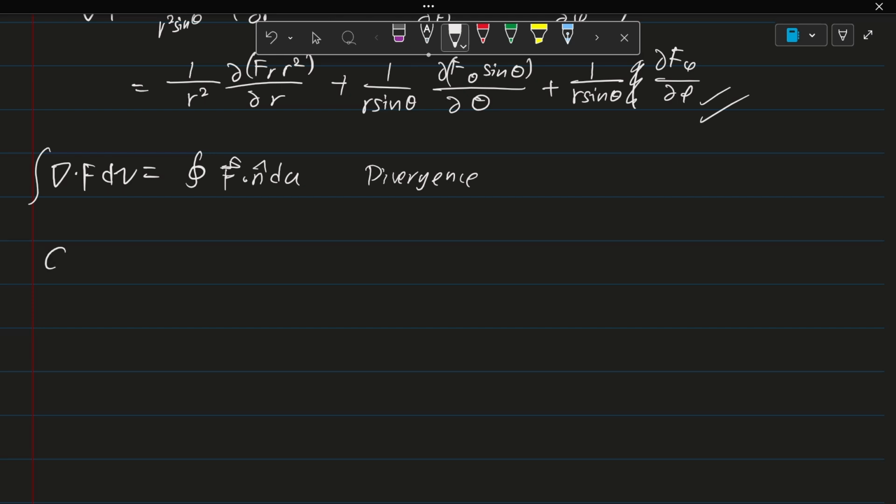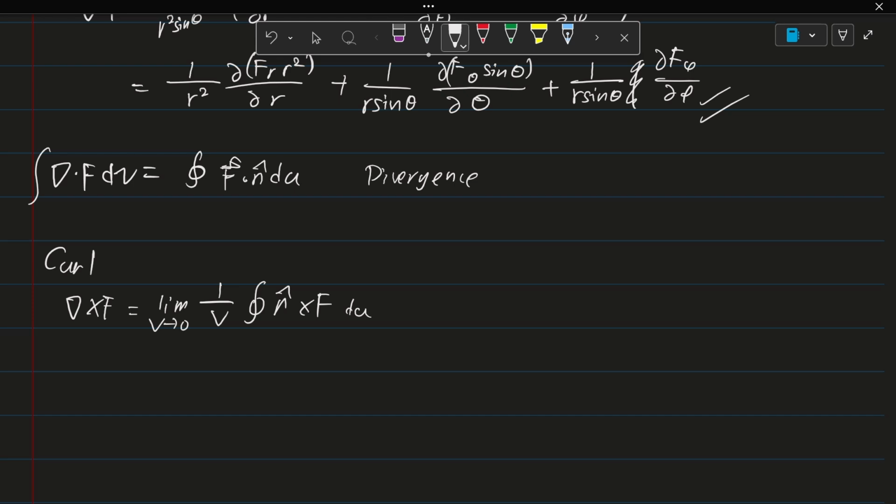So let's talk about the curl. So what is a curl? We'll just define the value of curl, which I'll denote as nabla cross f, and this is defined to be the limit as the volume goes to 0 of 1 over v of the surface integral n vector cross f dA. So this has a different connotation from the divergence.